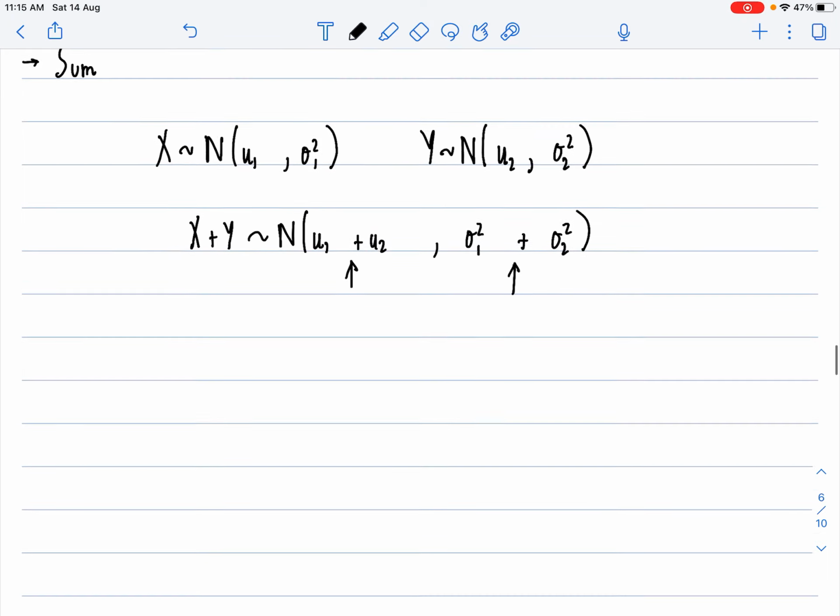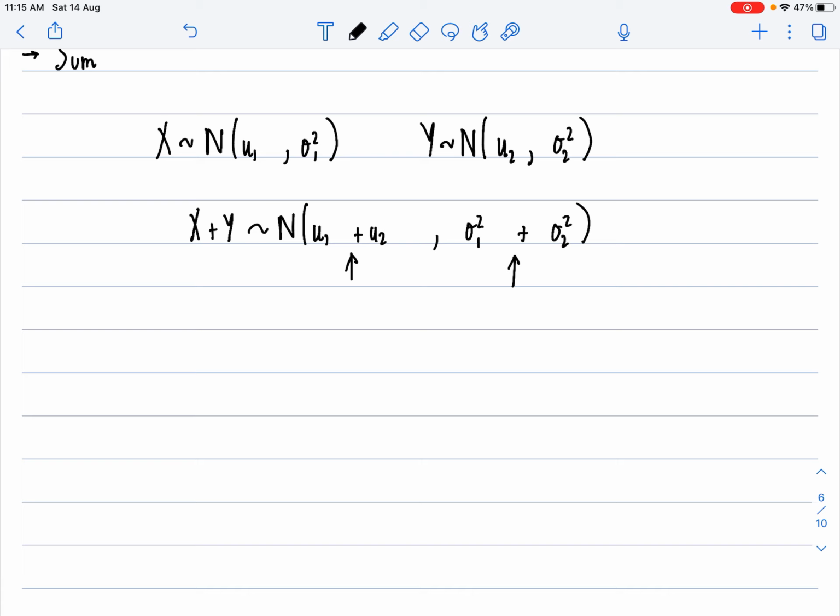Now they can ask you another possibility: the distribution of X minus Y, which is also normally distributed. This will have the mean 1 minus mean 2, because the mean takes the same sign, comma, now the variance, which is important.